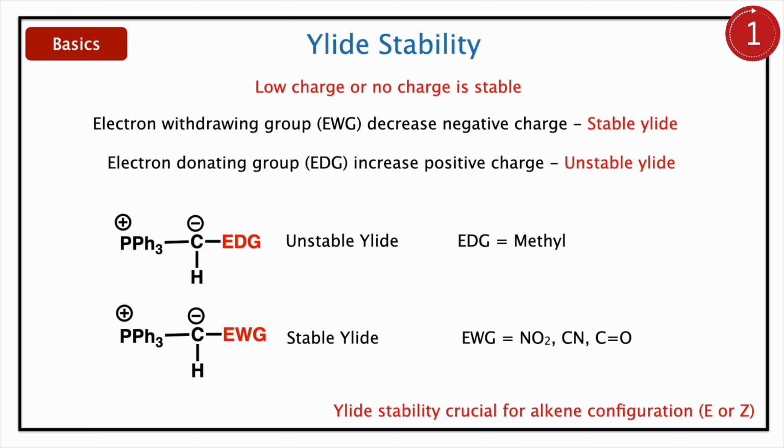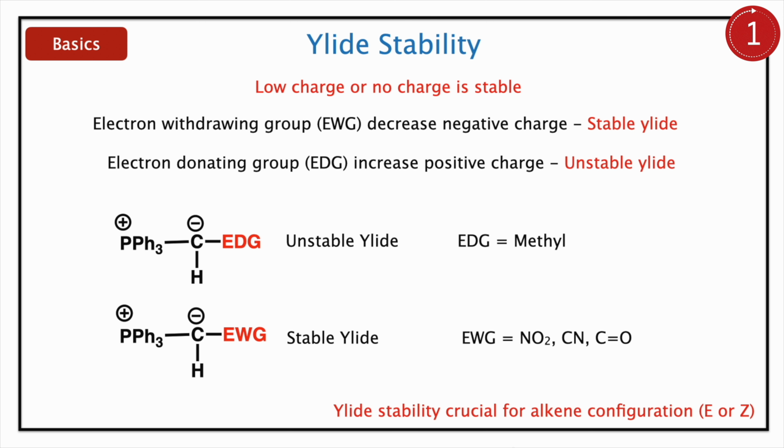Before getting into the detail, you should know ylide and stability. Ylide is basically a carbanion. It's a nucleophile. If it is attached with an electron donating group, it increases the negative charge and creates instability. So electron donating group decreases the stability of ylide, forming unstable ylide. In the case of electron withdrawing group, the negative charge is pulled by the electron withdrawing group, so the charge decreases.